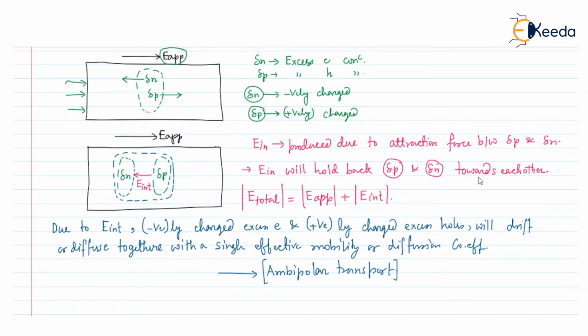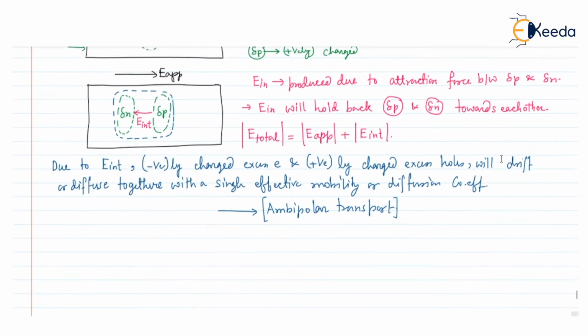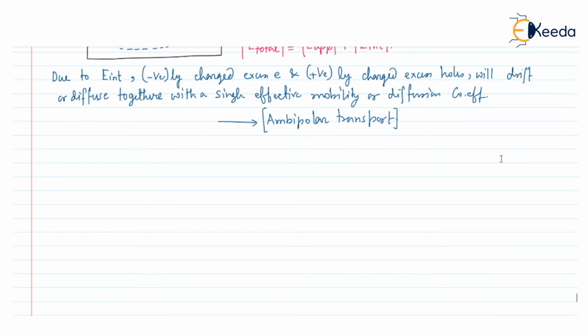Now, this effective mobility value is also termed as ambipolar mobility.